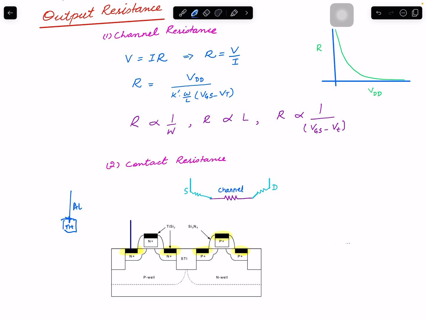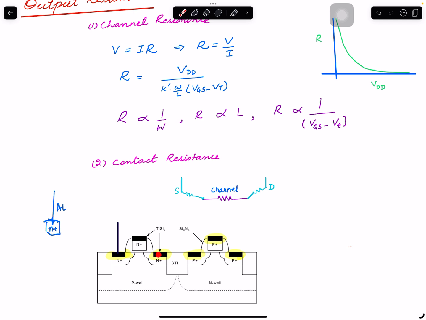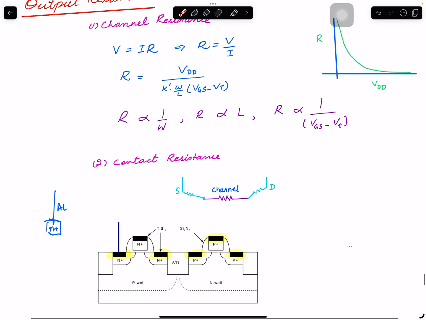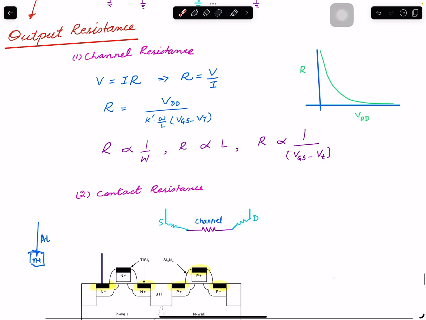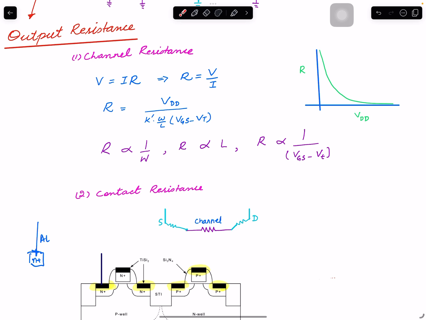So they include this layer so that the path is more gradual and the current doesn't feel abrupt resistance. Materials like these are used to reduce this, but the overall point is there's a resistance when this connection happens at the drain side and the source side, and then there's the channel resistance. So these are the two components of resistance in a transistor. Okay, what is the capacitance?